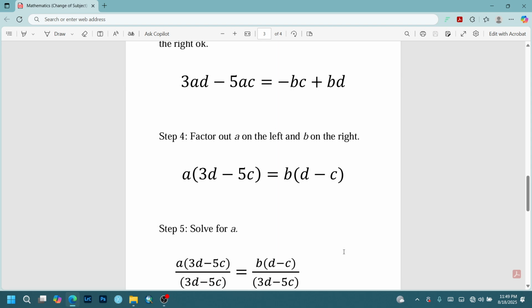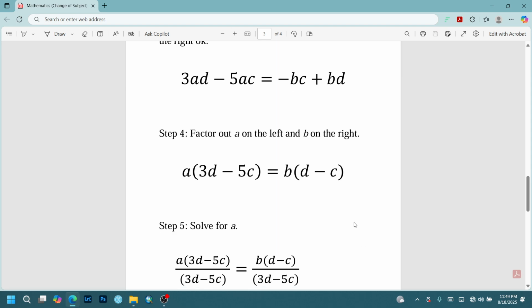In solving for A, we have A multiplying, in bracket, 3D minus 5C. It means A is dependent on 3D minus 5C. We want A to become independent for it to be the subject of the relation.